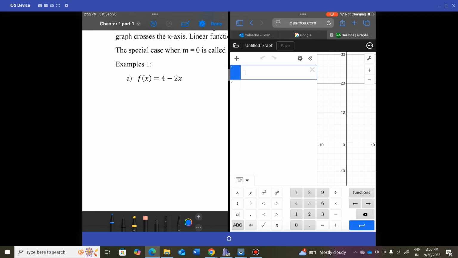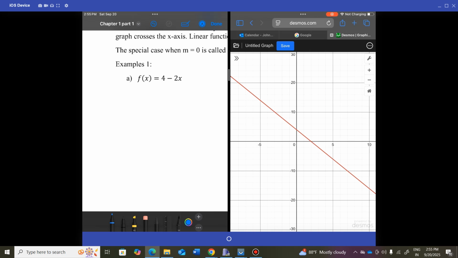So we're going to start with f of x equaling 4 minus 2x, and we see it's a straight line.